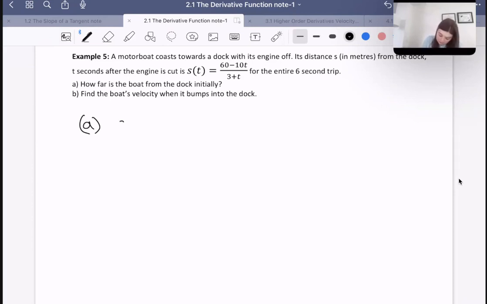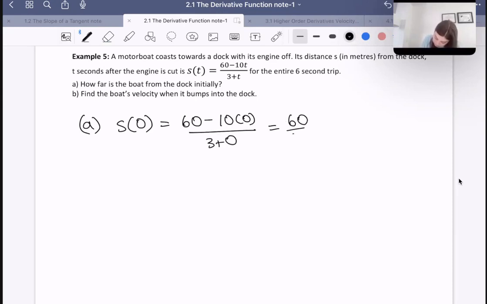We just have to plug in 0. When time is 0 initially, what is our position? So that's going to be 60 over 3, which is 20.